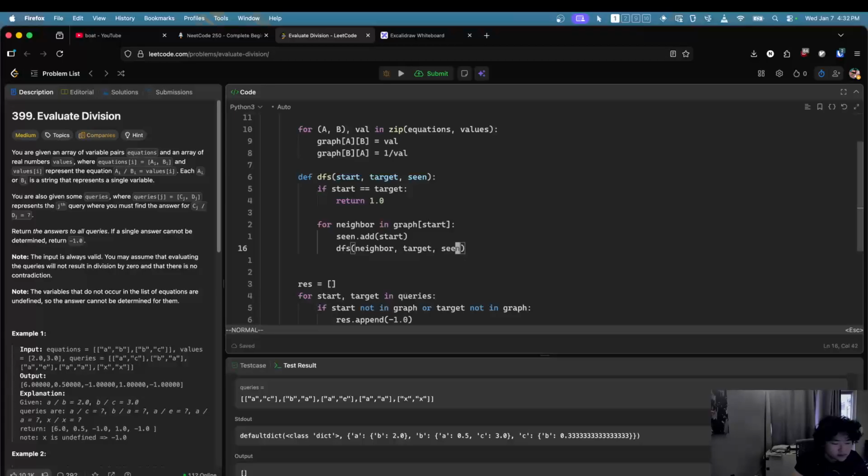And then we want to be recursive, so we want to multiply all across. So we'll do res here.